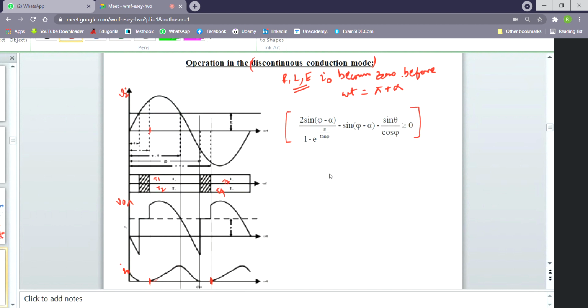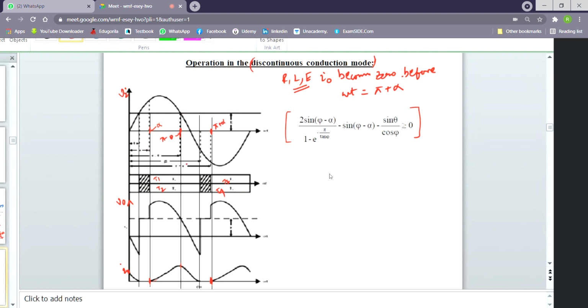The load current continues to increase as in the previous case, till omega t equal to pi minus theta. Here it is written pi minus theta, and this is our alpha, and this portion here is our pi plus alpha.